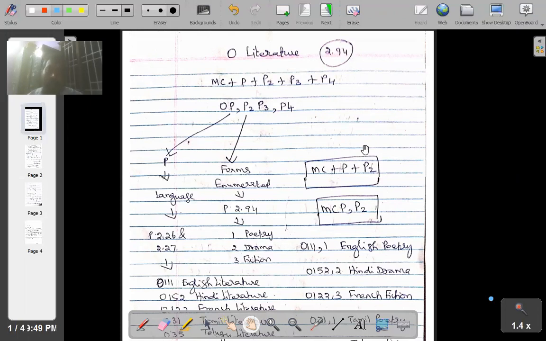That is why, for the literature main class O, the formula goes this way: main class plus P, P2, P3, P4. You see, all these four personalities are 4 levels of the first round of personality.